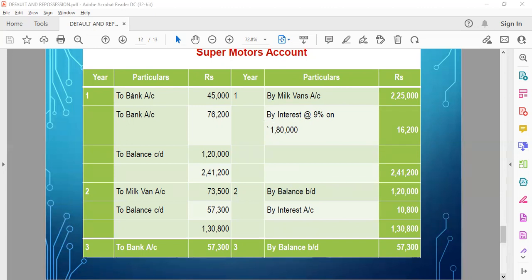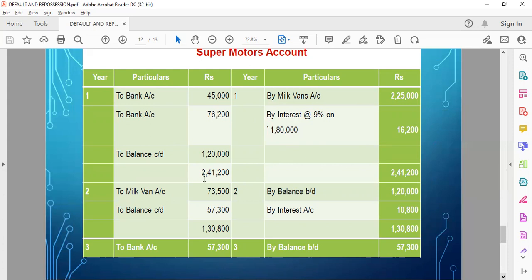On the debit side, to bank account 45,000. Again to bank account, they have given another payment of 60,000 plus 16,200 interest. That interest also we have calculated: interest at 9% on 1,80,000 is 16,200. So 60,000 plus 16,200 is 76,200.